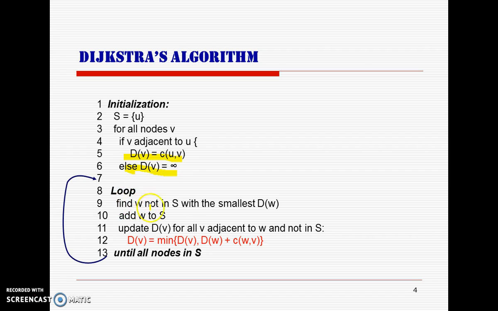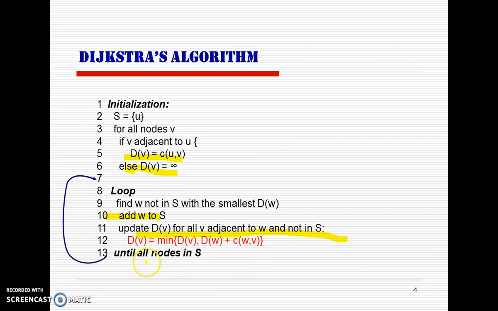Then we find w not in s with the smallest d of w, and we add w to s. Then we update d of v for all v adjacent to w and not in s.